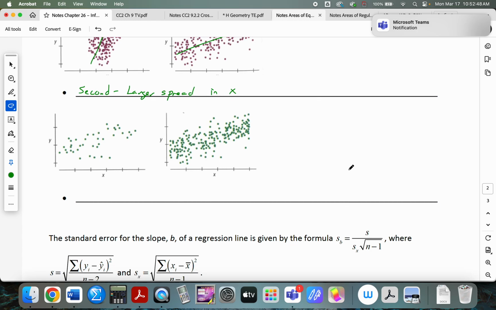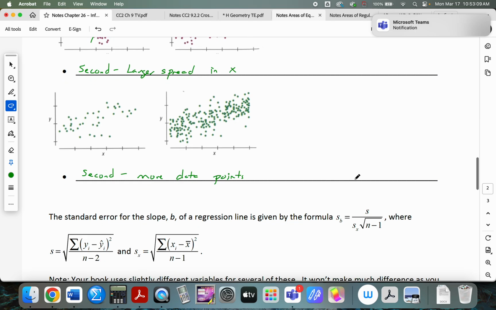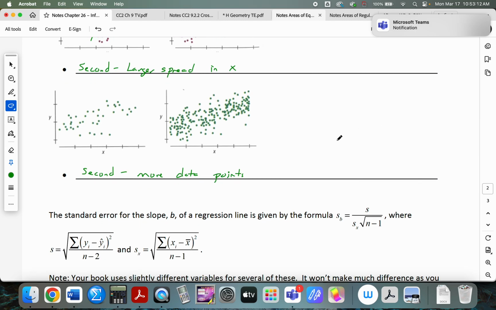And what about this last one? The second. Yep. Why? Yeah, that's exactly it. It has more data points. So it turns out that the standard error for the slope b of a regression line is given by this formula.